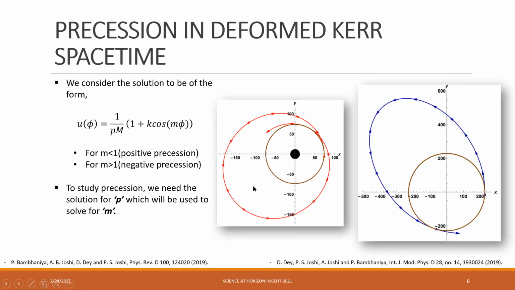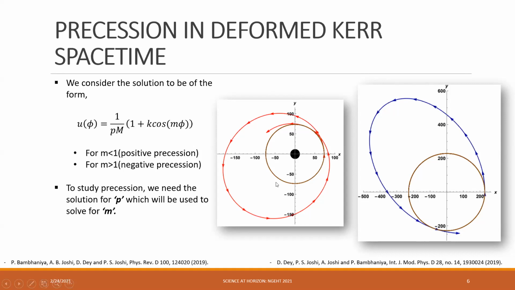This particular image over here is to explain what positive precession actually means. It shows the angular separation after successive approaches to the perihelion; this brown ring over here is the perihelion approach. If the particle reaches the perihelion point after 2π rotation, it suggests positive precession, while if it reaches it, in this second figure, before 2π rotation, it suggests negative precession of the orbit.